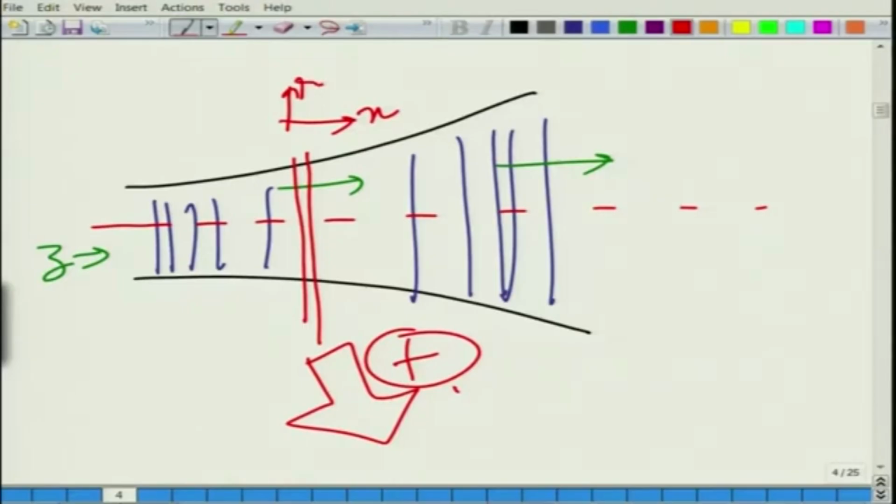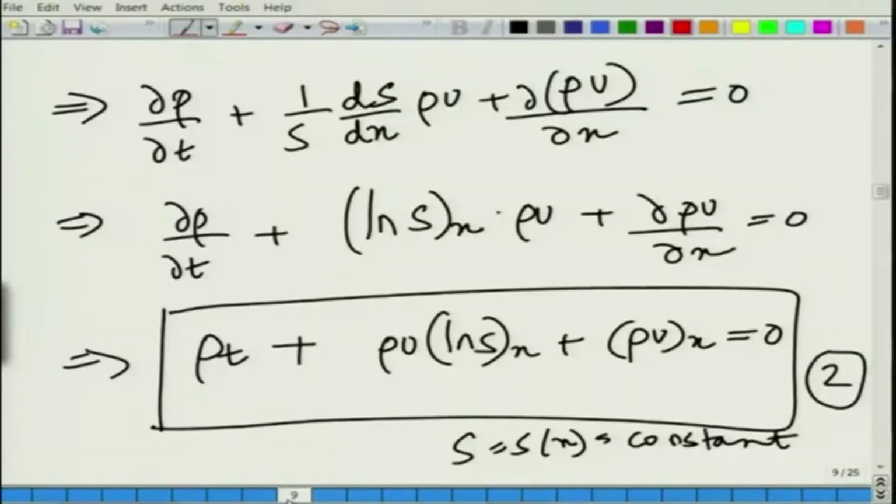But these area changes are very gradual, or I would say the discontinuities are only notional if we talk in terms of the segmentation approach that I talked about. Because these area changes are so small, it does not really matter if there is a small transverse component; it is very small compared to the axial component. So, we will focus only on the 1D part, that is the axial part.